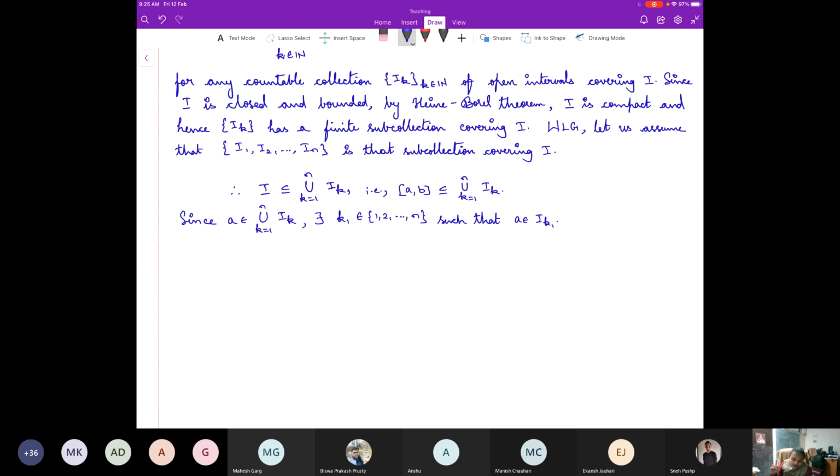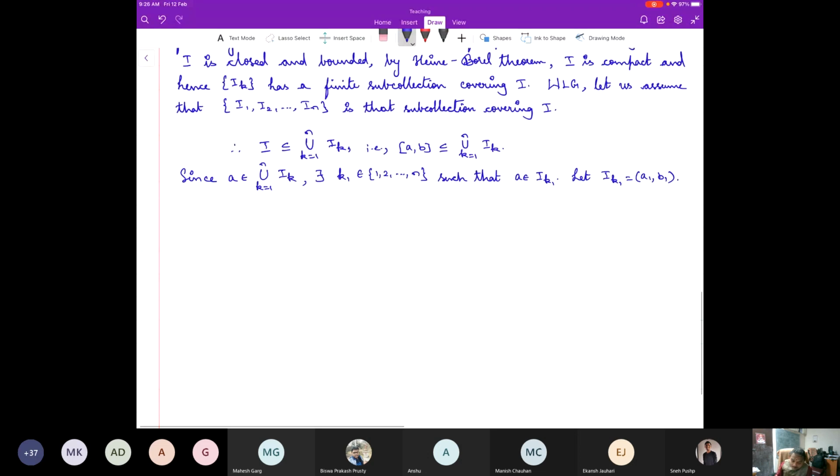You get at least one with this property. So now let me call Ik1 as (a1, b1). Now as a belongs to this open interval (a1, b1), a1 is strictly less than a, strictly less than b1.